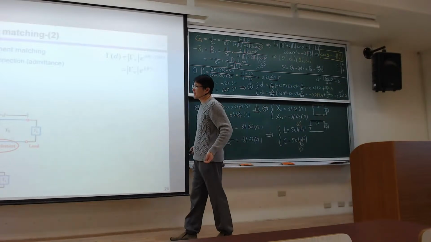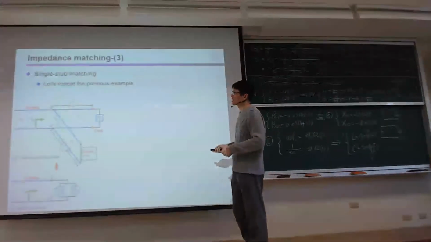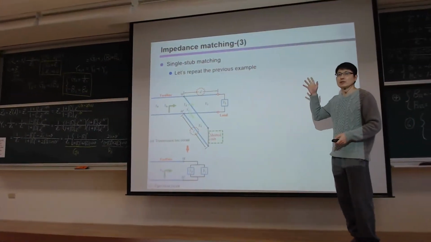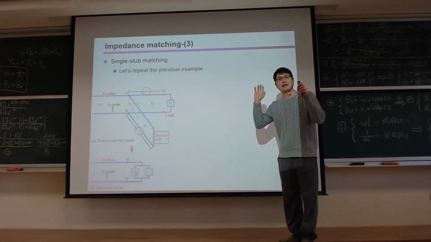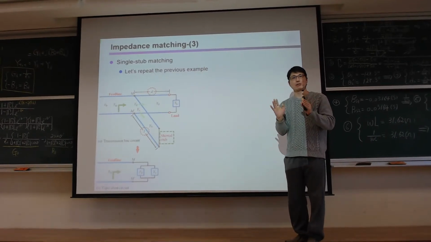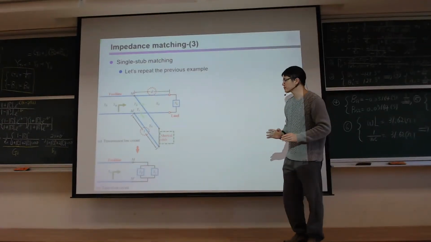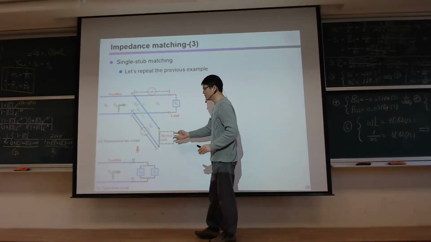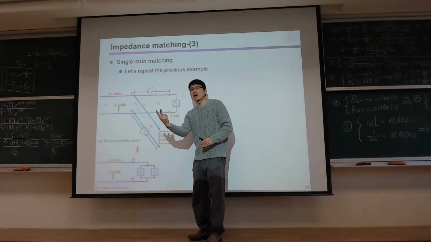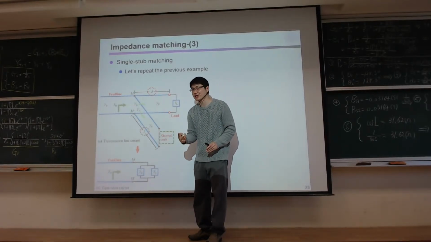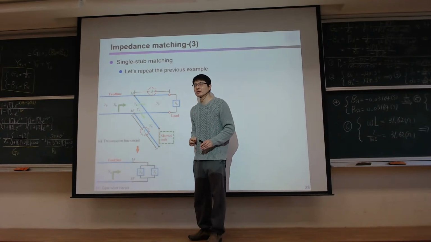For the very last page, I'm not going into the details, but it will appear in your homework, and I promise you it will show up in your examination. If you still remember, if you cannot buy the inductor or capacitor, what can you do?